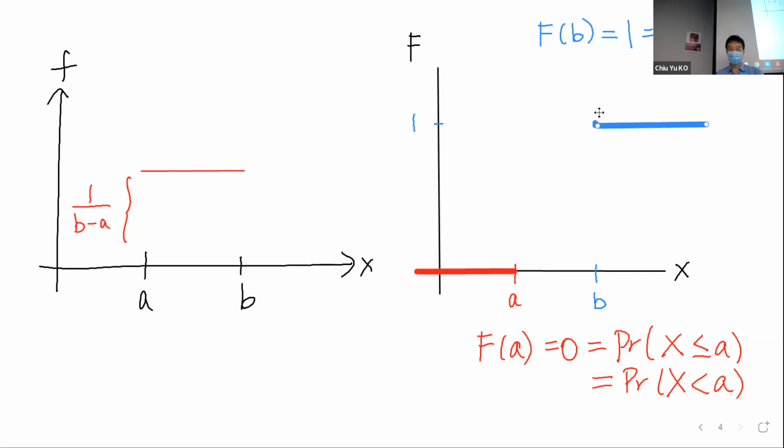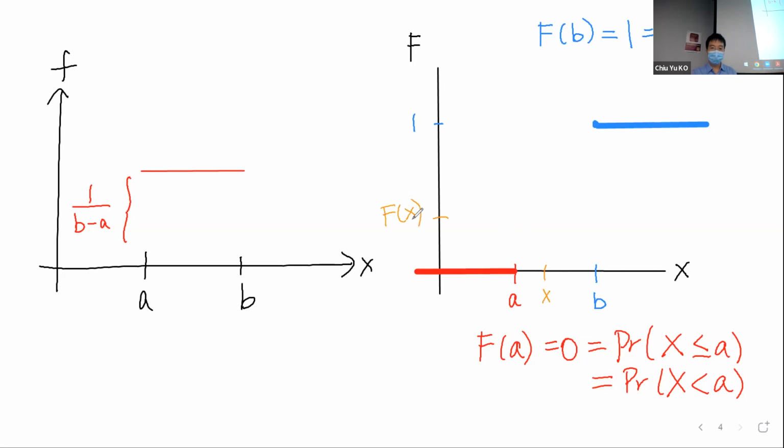Now, probably you ask what is the value in between? The question is actually not that difficult. Suppose the value x is here. What should be this value of F of x?